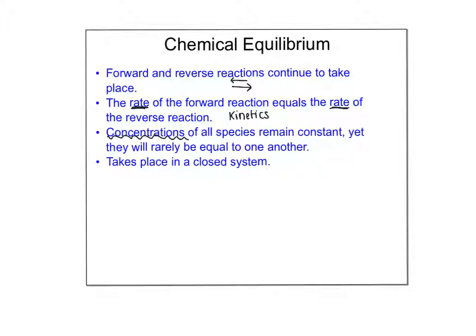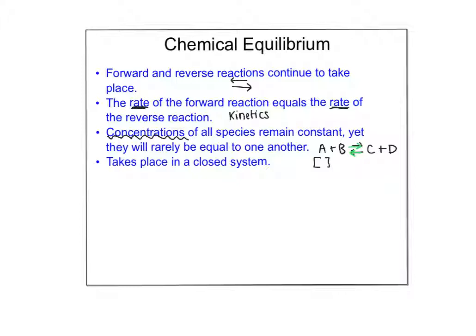What I mean is, if I have some reactant A, the concentration of A is probably not going to be changing. Why? Because the forward reaction is happening and A gets used up, but the reverse reaction is also happening and A is getting created. So sitting there looking at it or measuring, you're not going to notice a difference.